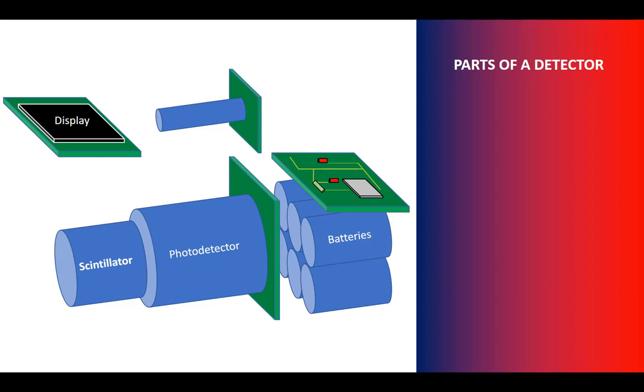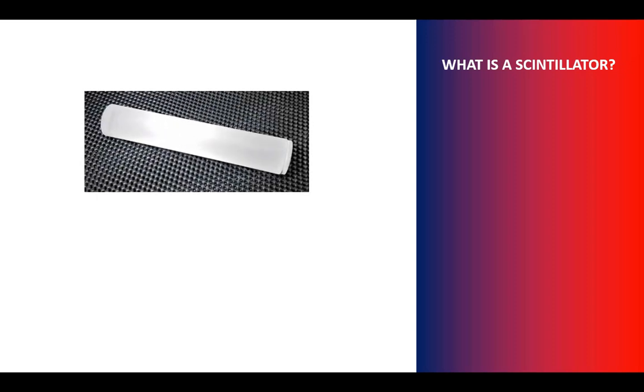This is the basic makeup of a scintillation detector. The specifics of detectors will vary, but these parts are necessary in every detector. First, let's look at the most important part of the detector, the scintillator. So what is a scintillator? Well, this is a piece of crystal or plastic that has an interesting property.